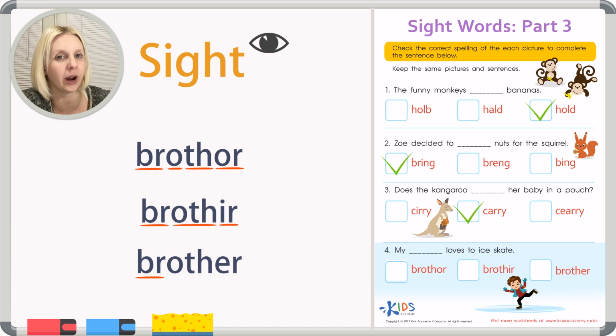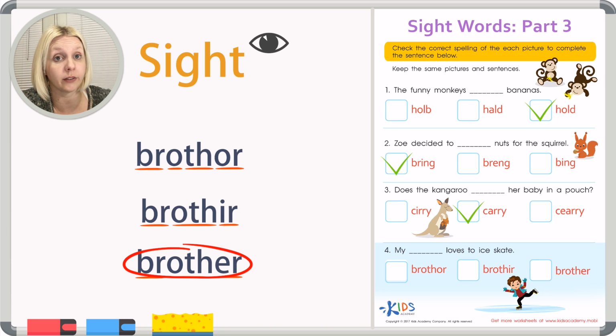That one doesn't sound right, but it could be right because you remember sight words. Those are not always ones that follow the rules. The next one is brother. Okay, so these 2 to me sound like they might be correct. This is actually the correct way of spelling brother.